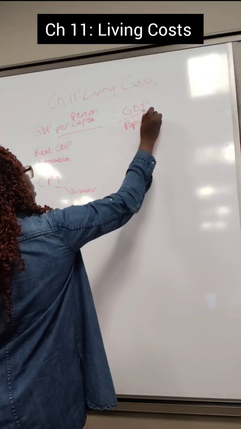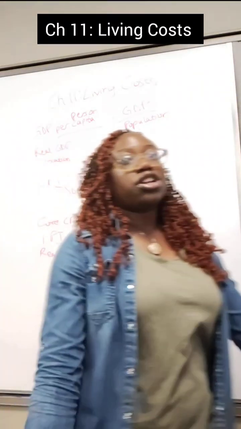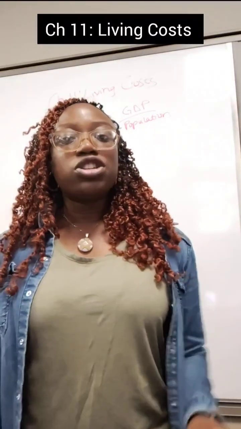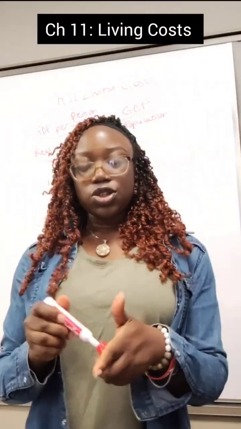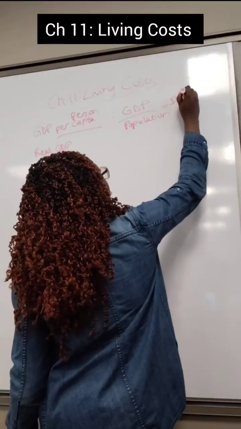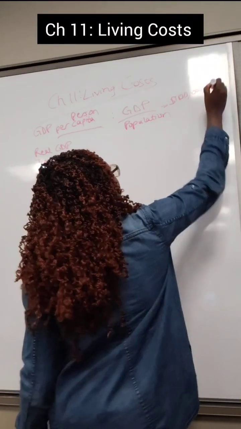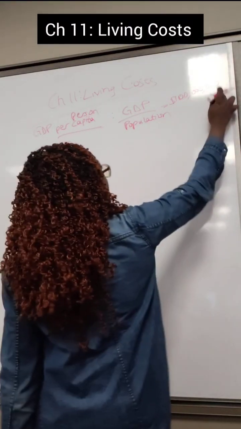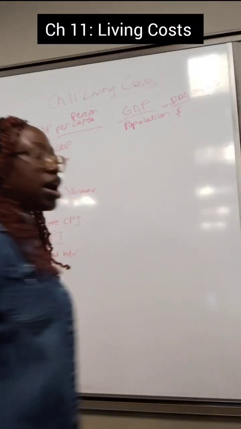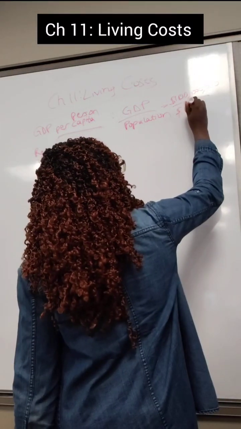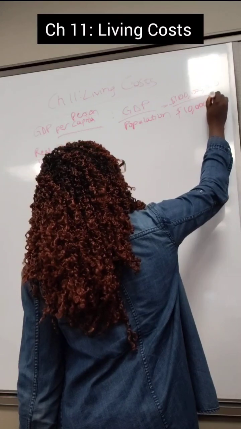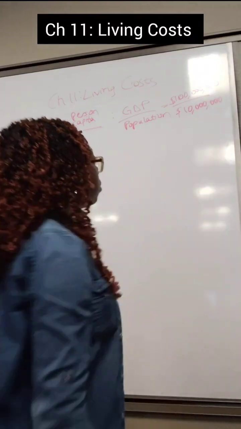So that is going to tell you, for instance, if the GDP of a country is about $100 billion, what does it mean for each individual in that country? If you have $100 billion, that's going to be 9 zeros, divided by, let's say, about 10 million people.